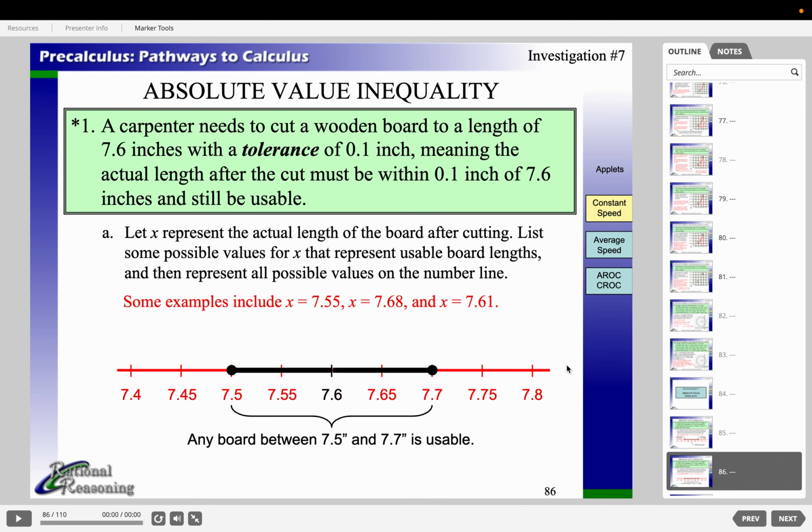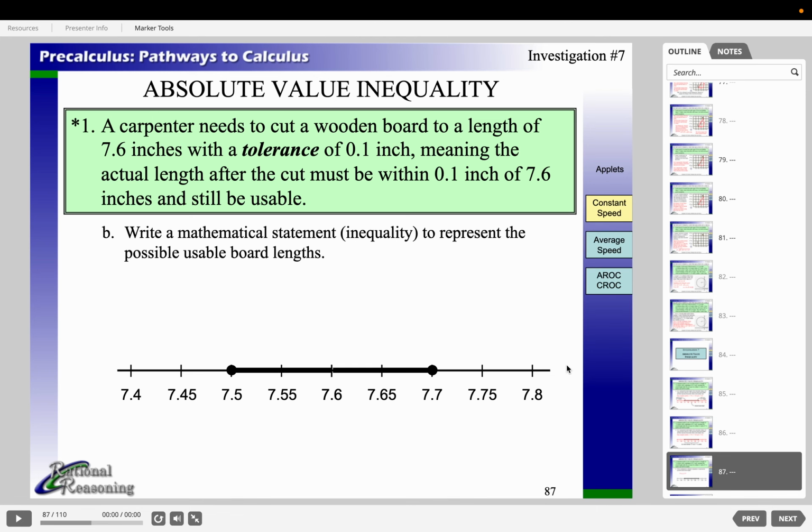Now, I don't see an absolute value in this. Absolute value is a distance. Without absolute values, I could say this is the range of numbers that's okay: 7.5 through 7.7 inclusive, up to and including, down to and including those endpoints.